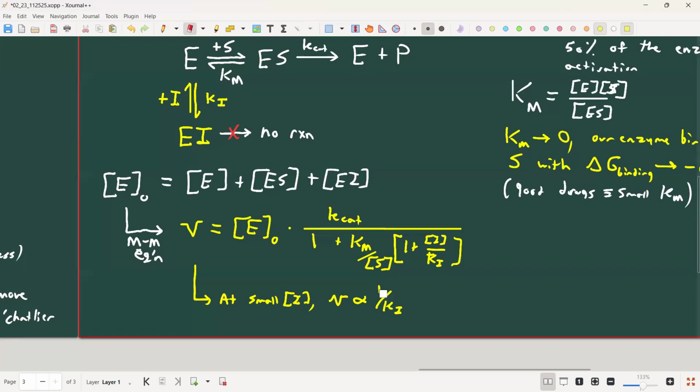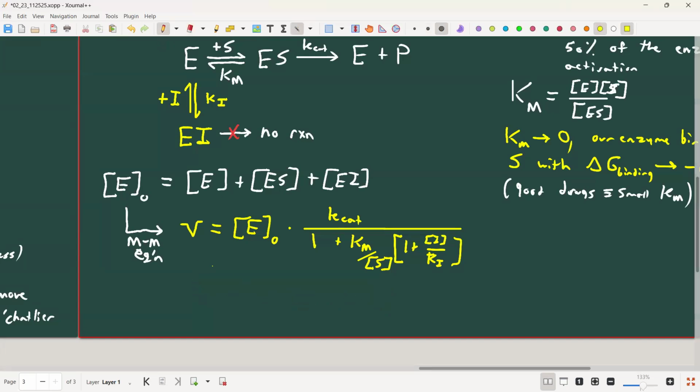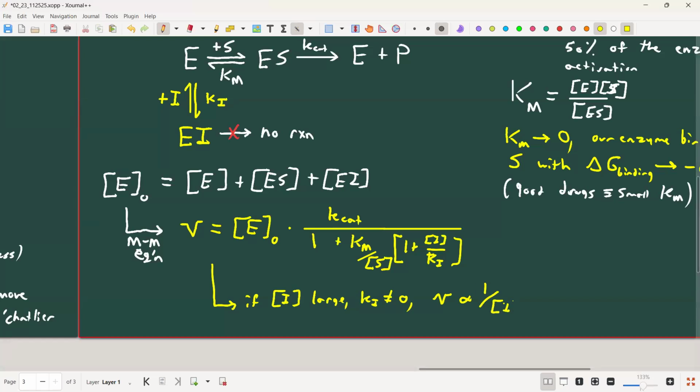Yeah, I screwed this up. So let's look again. If I is large and Ki is non-zero, meaning that it inhibits, V decreases. It looks like V roughly goes as 1 over the concentration of the inhibitor.